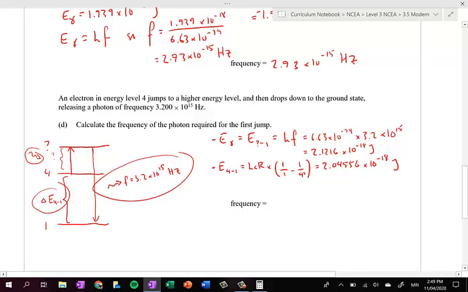Okay, so now delta E from 4 to question mark must be the difference in those two. So that's 2.1216 times 10 to the negative 18 minus 2.04556 times 10 to the negative 18.